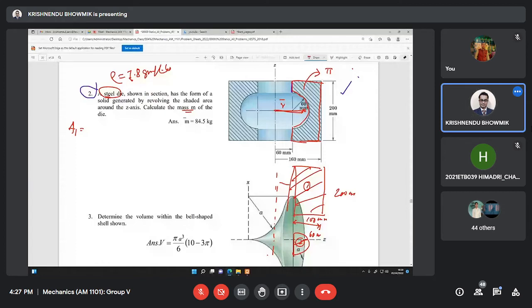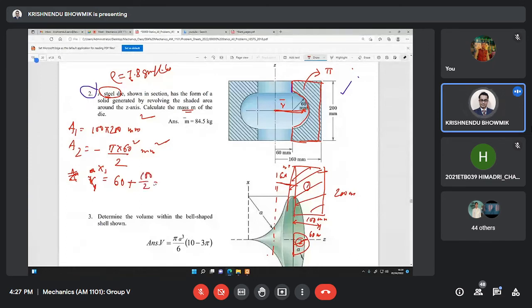I can write R1 basically here, or maybe X1, simple, for case 1, X1 for this one. 60 plus 100 by 2, 60 plus 50, 110 mm. From this to this it is X1 and this to this it is X2. What is X2 value? 60 plus 4R by 3 pi. What is R? R is 60, so say 85.46 mm.